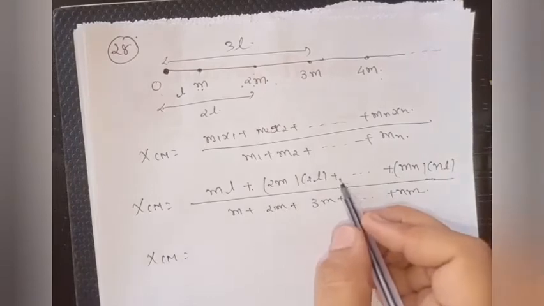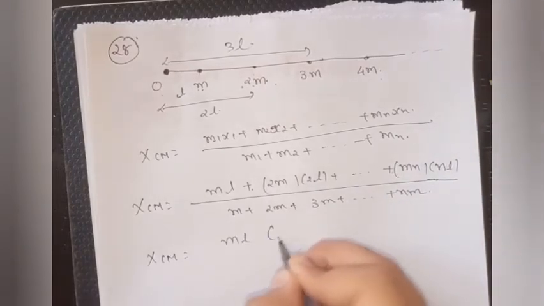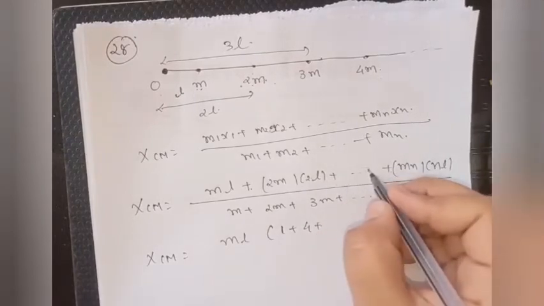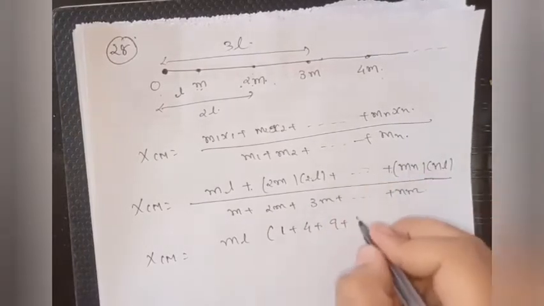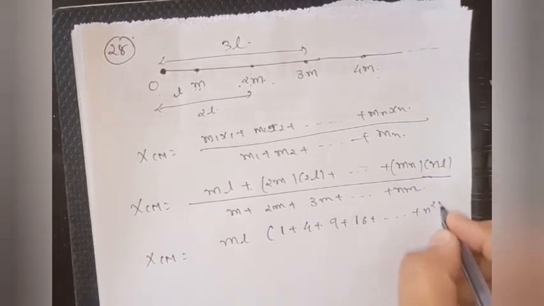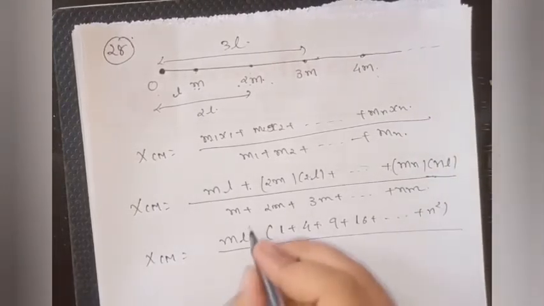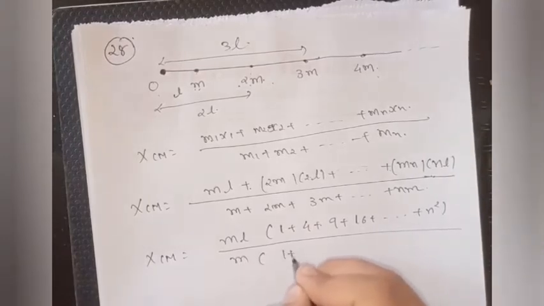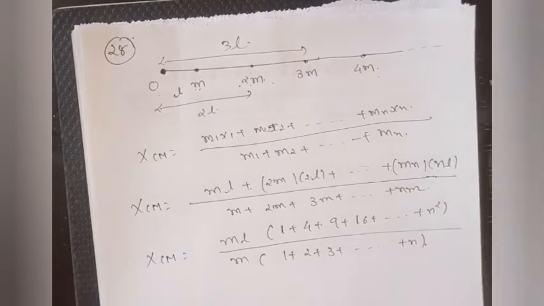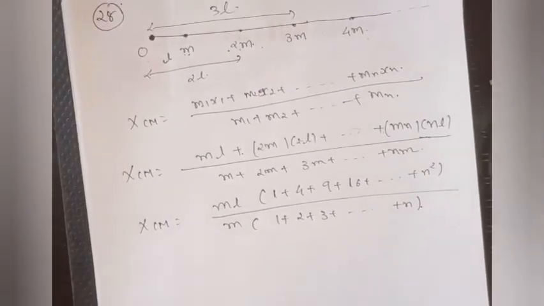Taking m and L common from numerator, in bracket 1, plus 2 into 2 is 4, next 3 into 3 is 9, next 4 into 4 is 16, up to n into n, n square, divided by taking m common, 1 + 2 + 3 up to n. Here m and m will get cancelled out.